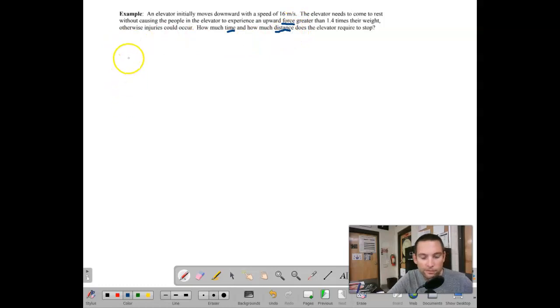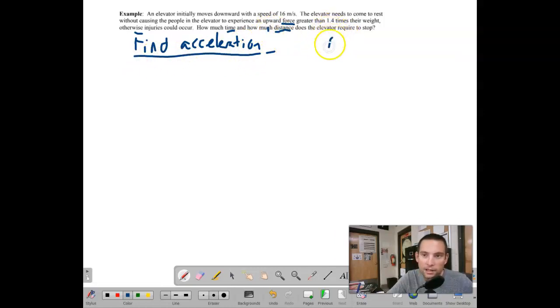So we're going to first find our acceleration. And then once we have that acceleration, assuming it's constant, which there's no reason for it not to be, then we can find distance and time.